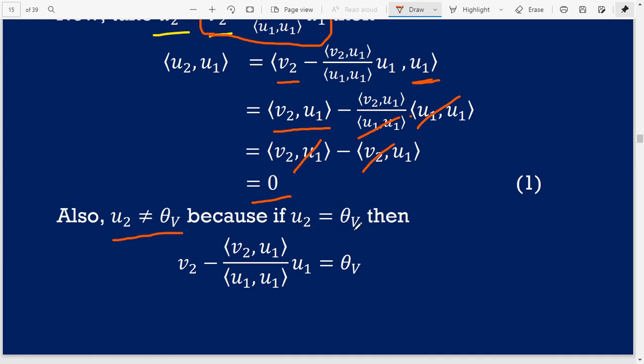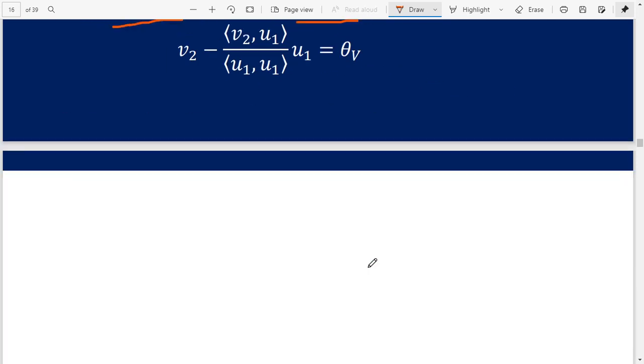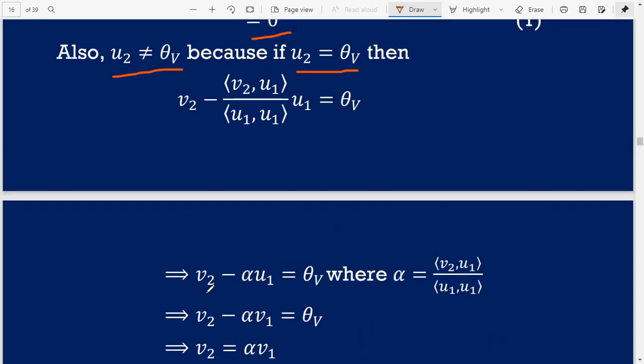And also U2 is not equal to the zero vector, because if U2 is equal to the zero vector, then V2 minus inner product V2 with U1 upon inner product U1 with U1 into U1 is equal to the zero vector. This implies V2 minus alpha U1 is equal to the zero vector, where alpha is inner product V2 with U1 upon inner product U1 with U1.